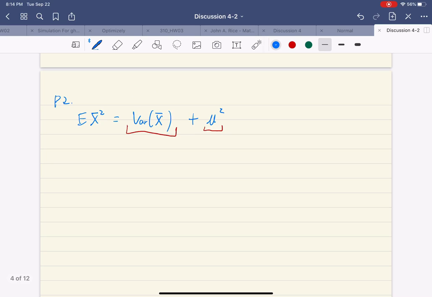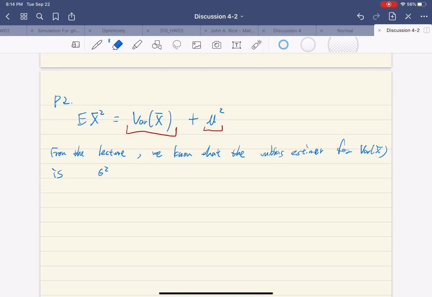Okay, so from the lecture, we know that the unbiased estimate for the variance of S bar is like this, sigma square. No, sorry.